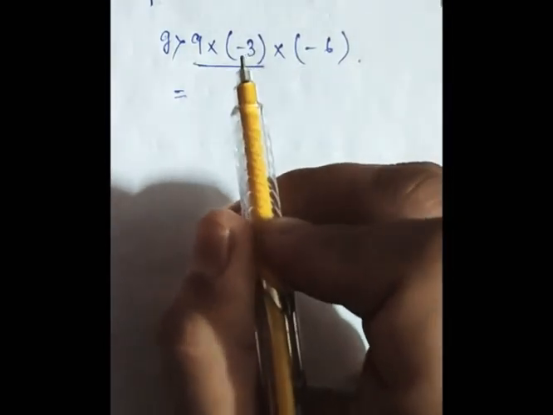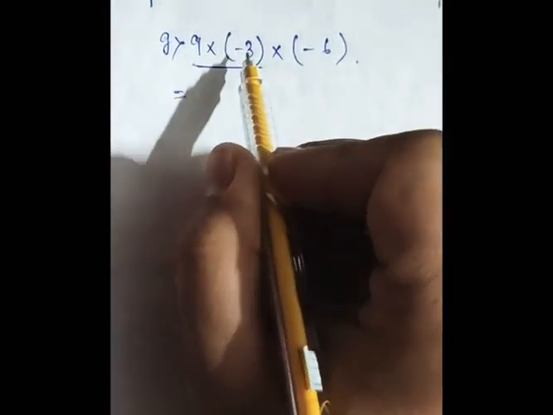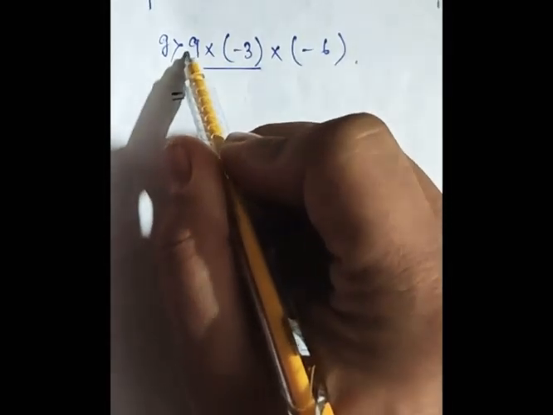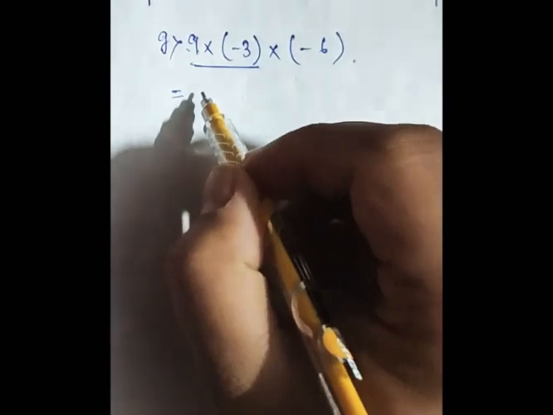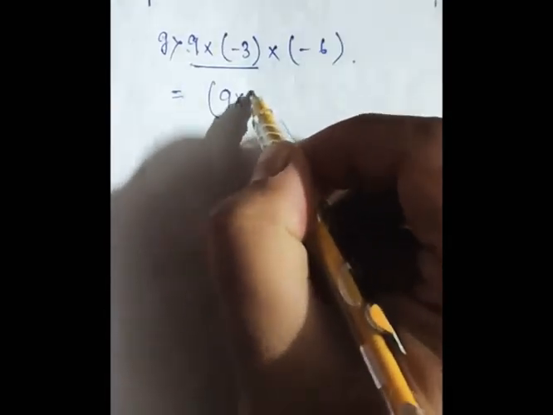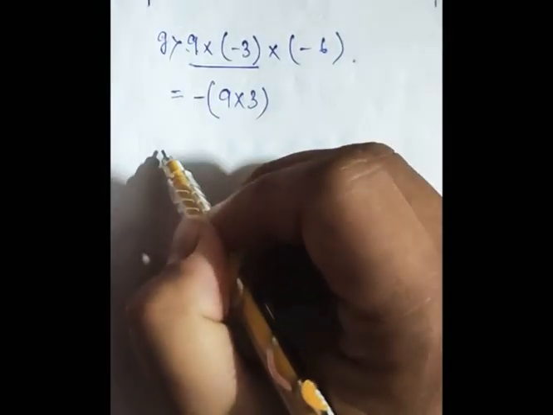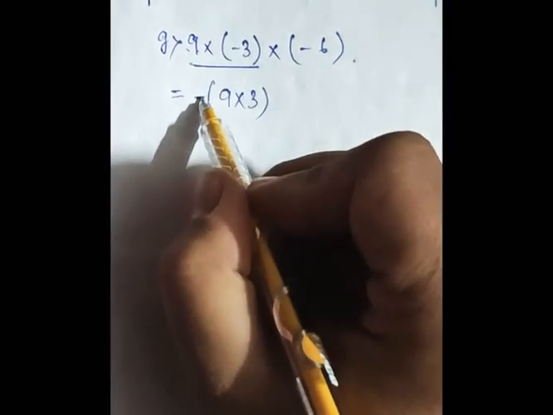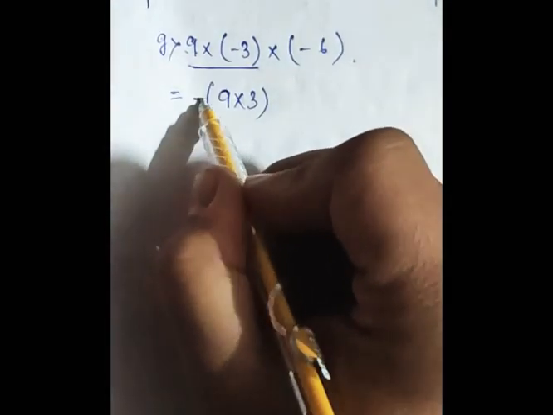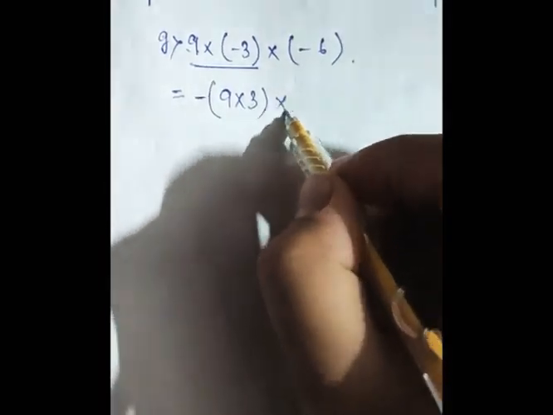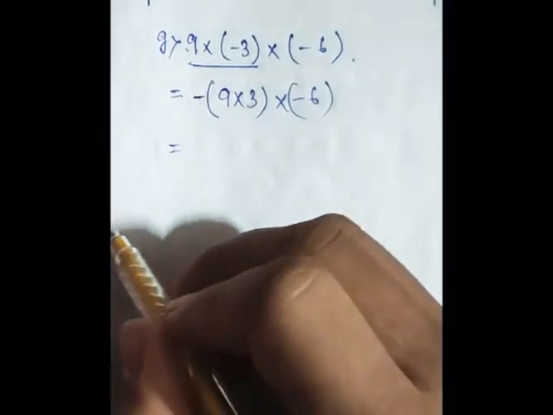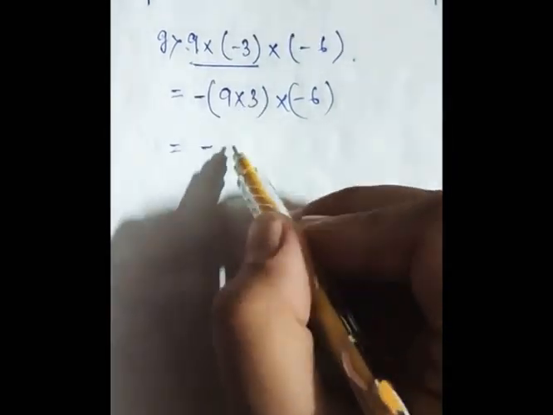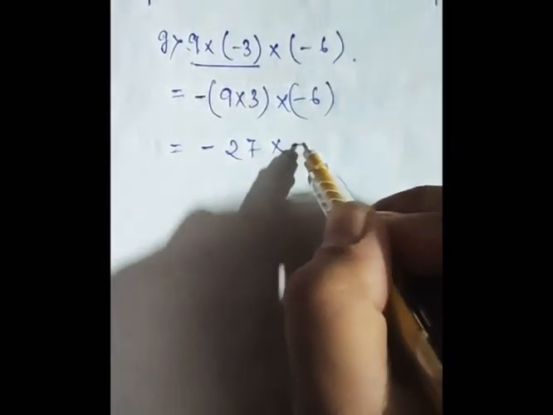But to solve two integers we also have to look at the sign. 9 is a positive integer, and minus 3 itself indicates a negative integer. So inside the bracket you write 9 into 3, but outside it will have a minus, because plus into minus is the rule of negative sign. Then into minus 6, the remaining one. So minus 9 threes are 27 into minus 6.